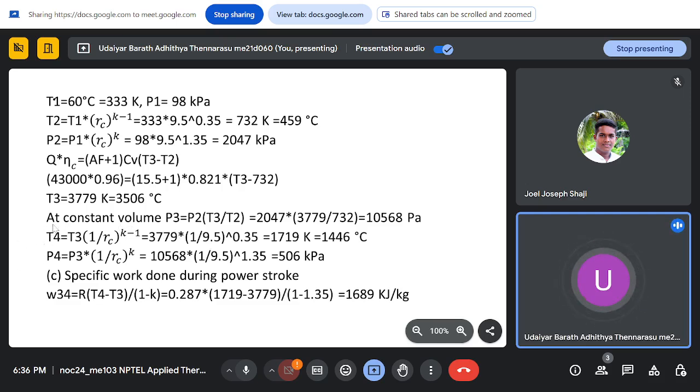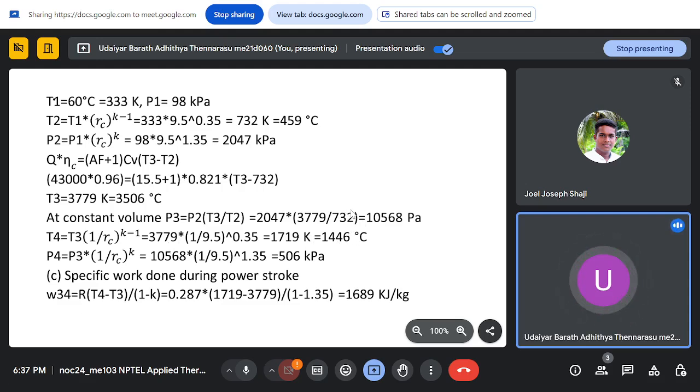So T4 equals T3 into 1 by compression ratio raised to power gamma minus 1, which is 3779 into 1 by 9.5 raised to power 0.35. This gives me 1719 Kelvin, or 1446 degrees Celsius. So this is at state 4.